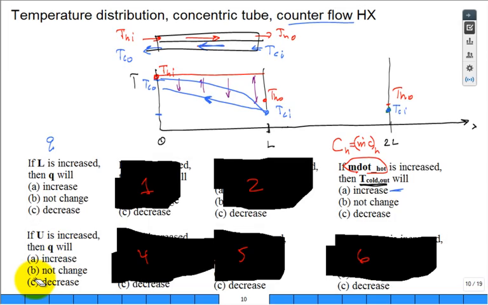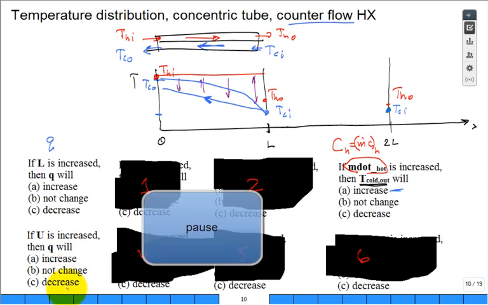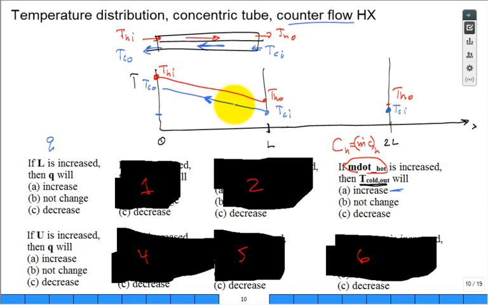U, the overall heat transfer coefficient, is increased. Will Q increase, not change, or decrease? What will happen? All right, well, this one's a little harder to see, but just think about it. If U goes up, isn't it for the same delta T a greater heat transfer?